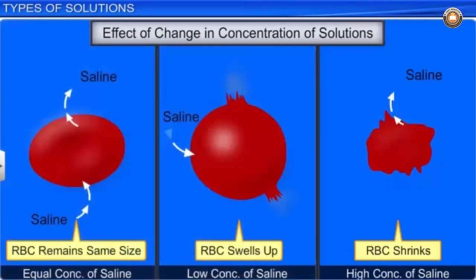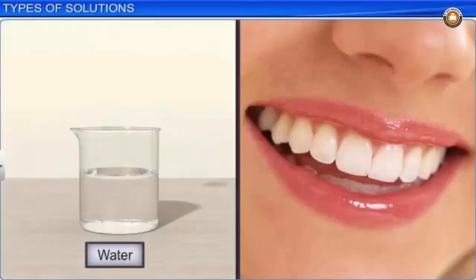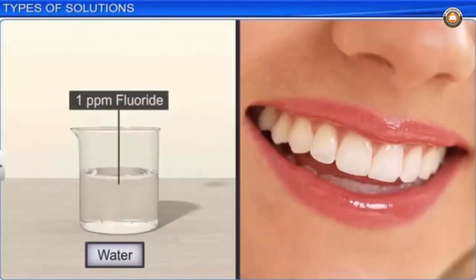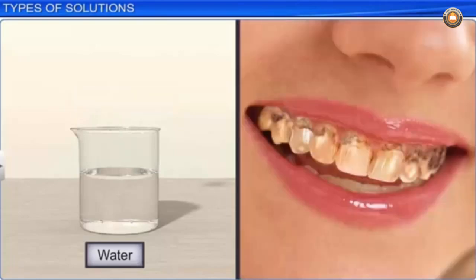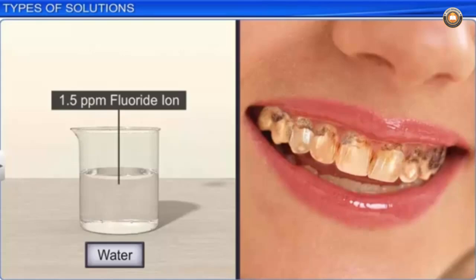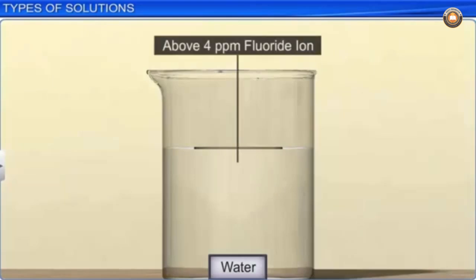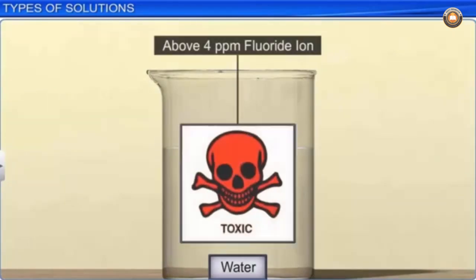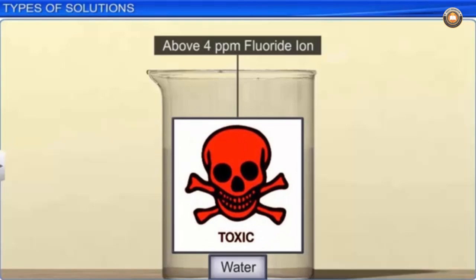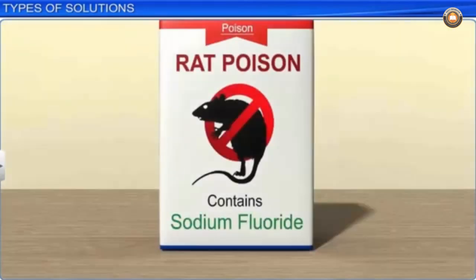For example, 1 part per million or 1 ppm of fluoride ions in water prevents tooth decay, while a concentration of 1.5 ppm causes spotted tooth. And any concentration at and above 4 ppm becomes toxic. Therefore, sodium fluoride is used as rat poison.